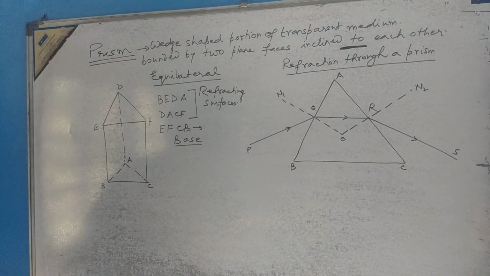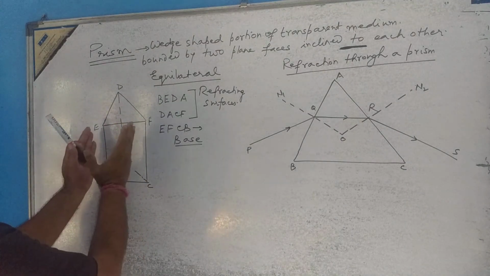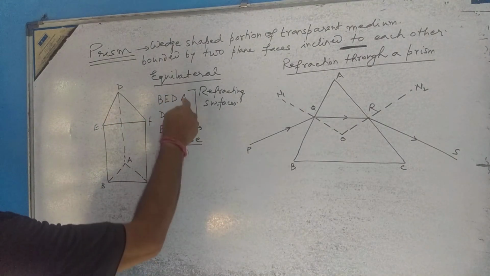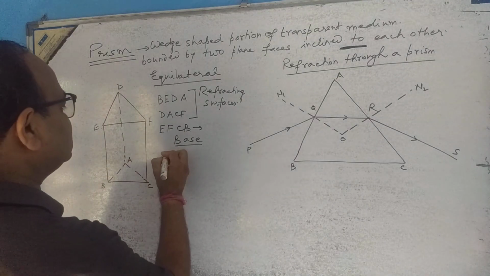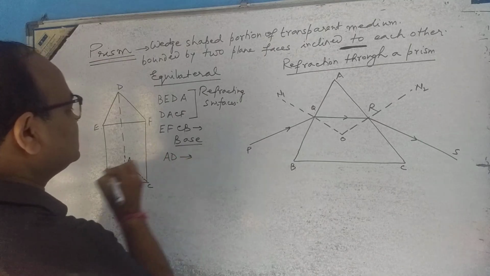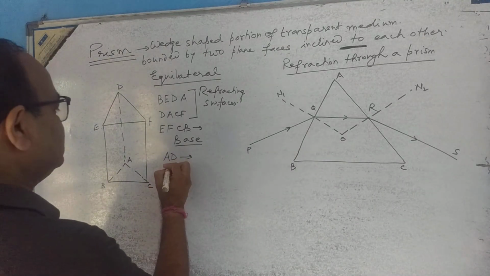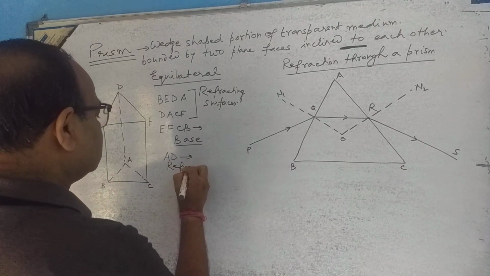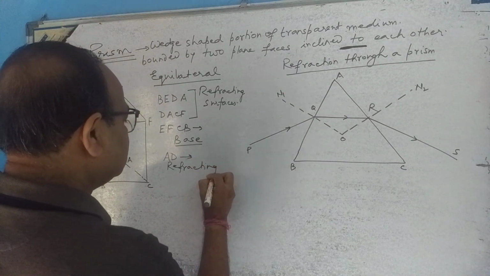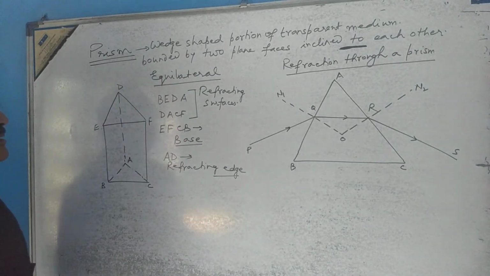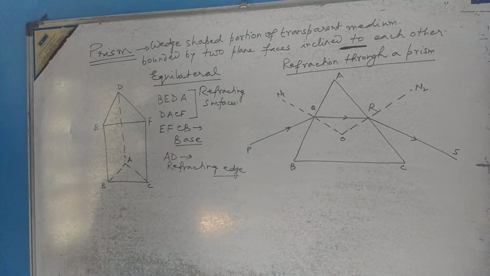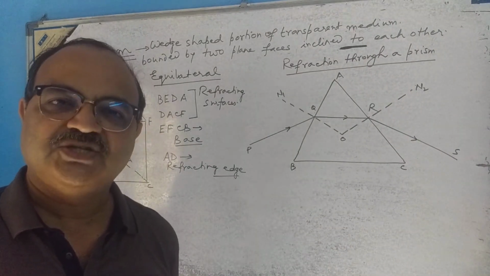These two refracting surfaces meet along the line AD. The line AD is called the refracting edge.